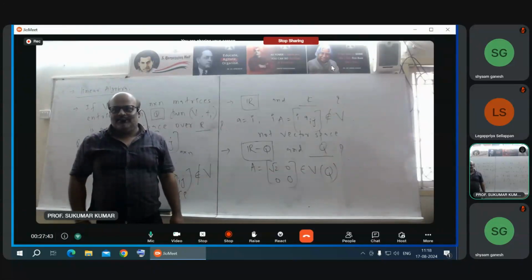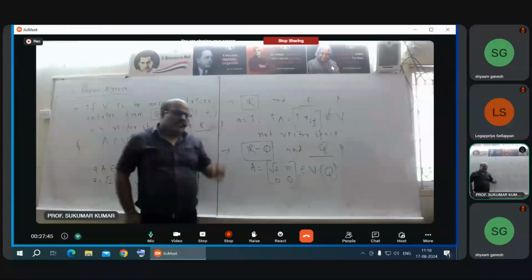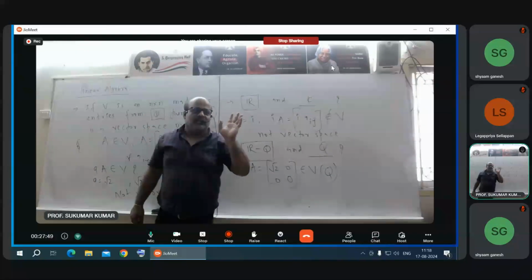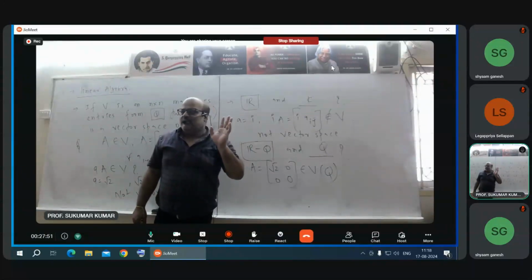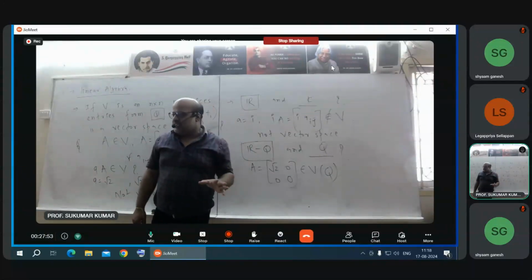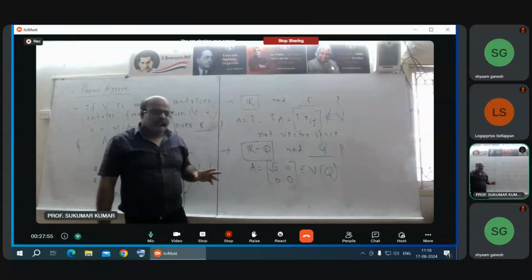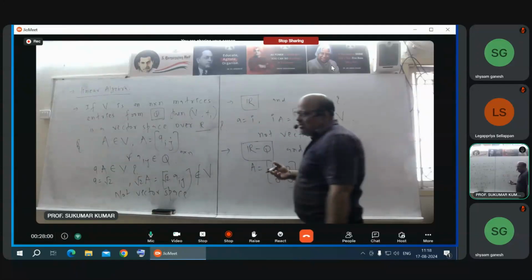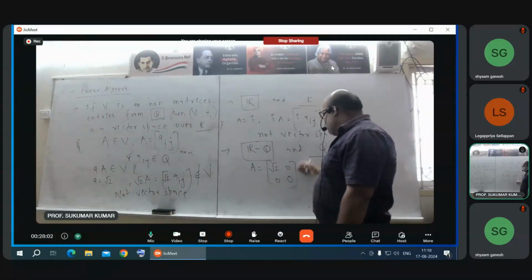Now correct. Shyam's answer is correct, but the explanation is not given correctly. This is not a vector space, the correct answer. But you choose here root 2, root 2. Under addition we can go here, under multiplication we don't.